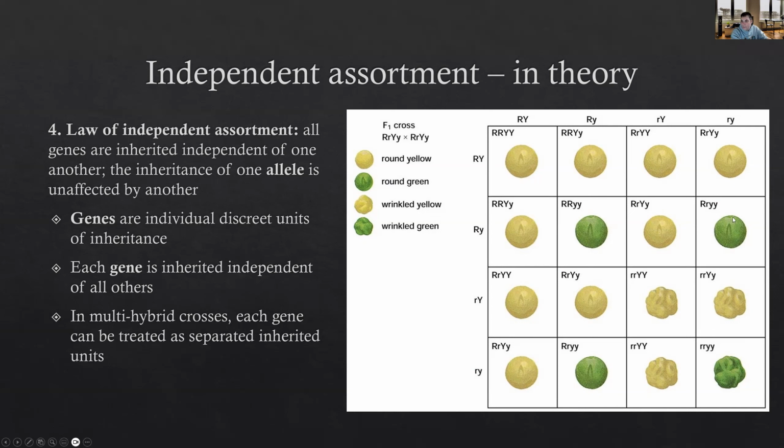We get 1, 2, 3 with one dominant, one recessive, 1, 2, 3 with the other dominant, the other recessive, and then the double recessive, right? This is because the genes for pea shape and pea texture are inherited completely separate of each other. So the math works out because they're not dependent on each other.